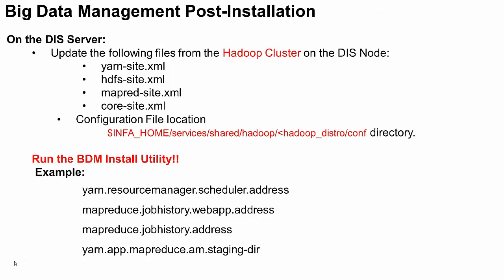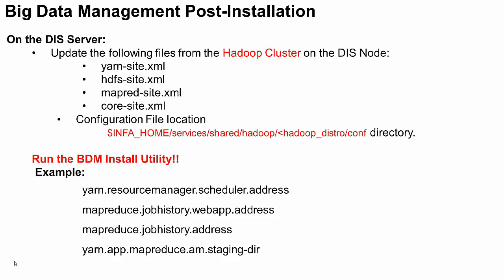So you run this installer just like you would when installing the Informatica software, and let's say you're using Hortonworks, it'll ask for the Ambari location, the admin username and password to access the cluster information. It'll pull this information out for you, and it'll copy the file over to the configuration file location that I've specified here.